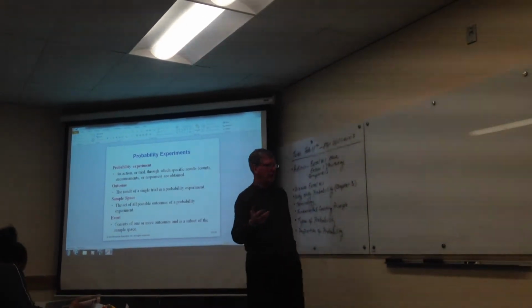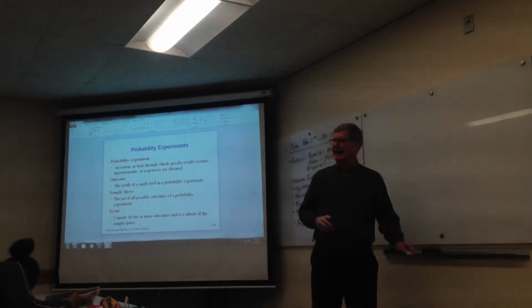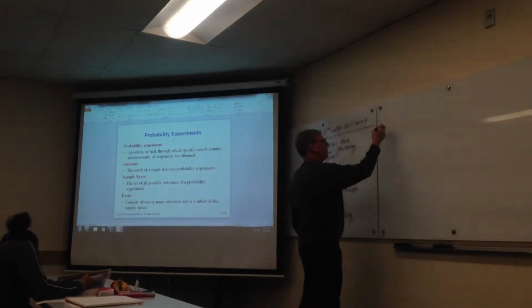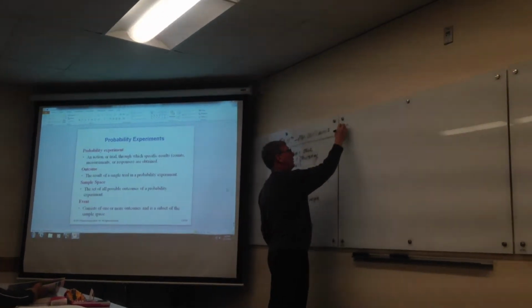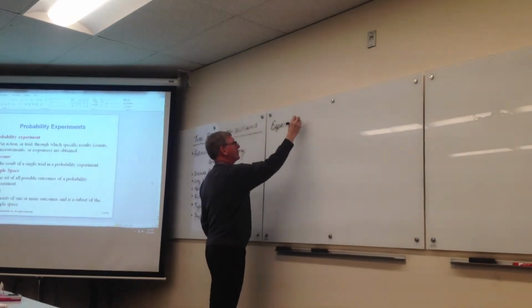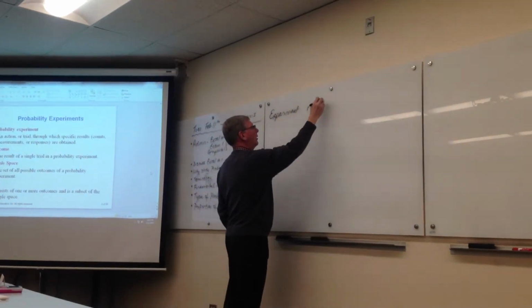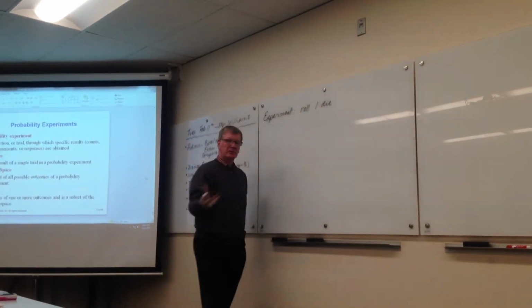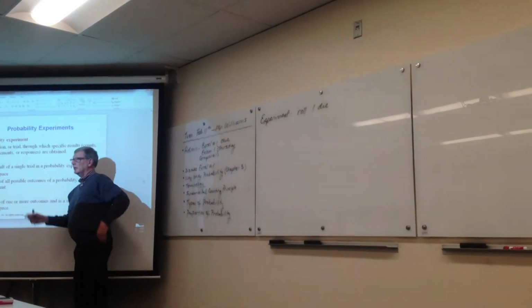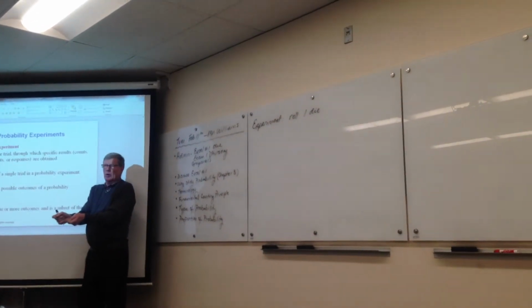So if I am talking about rolling a single die, the easiest possible example, the experiment is to roll 1 die and then count to see how many dots I have. The outcome would be what I get on any of the individual rolls.